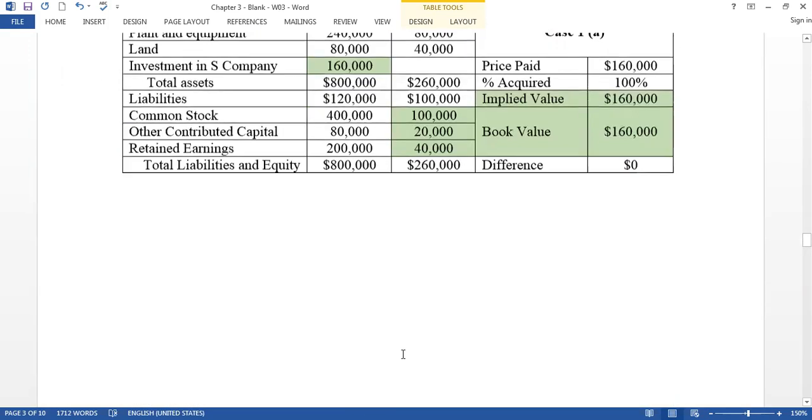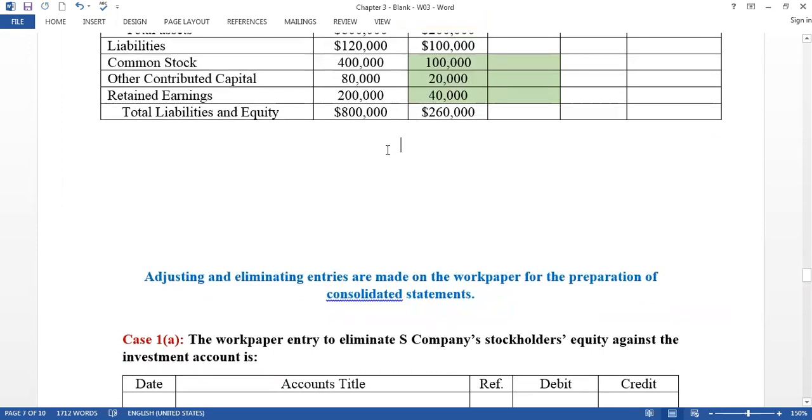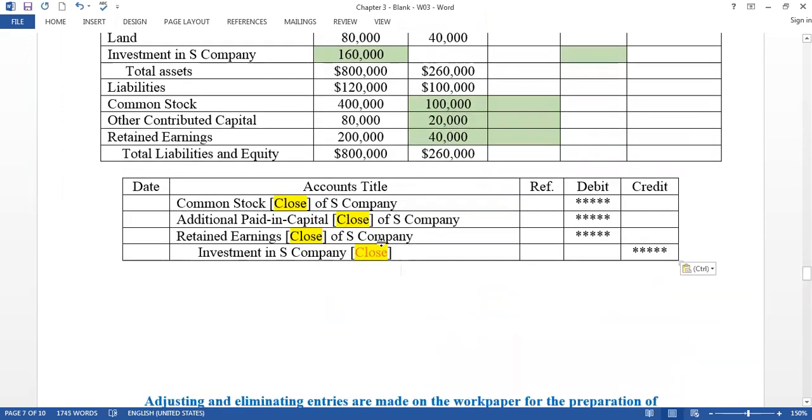This will help you to solve this part of the question accurately. Because we know that we have to close investment in subsidiary.